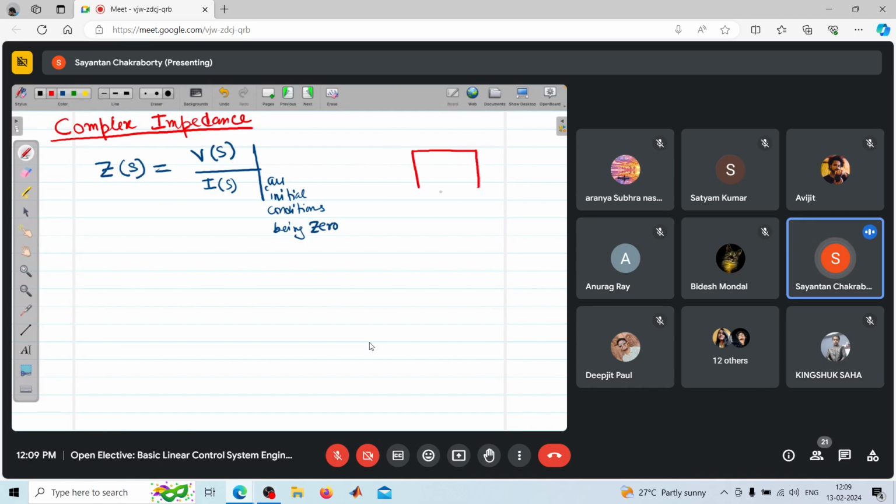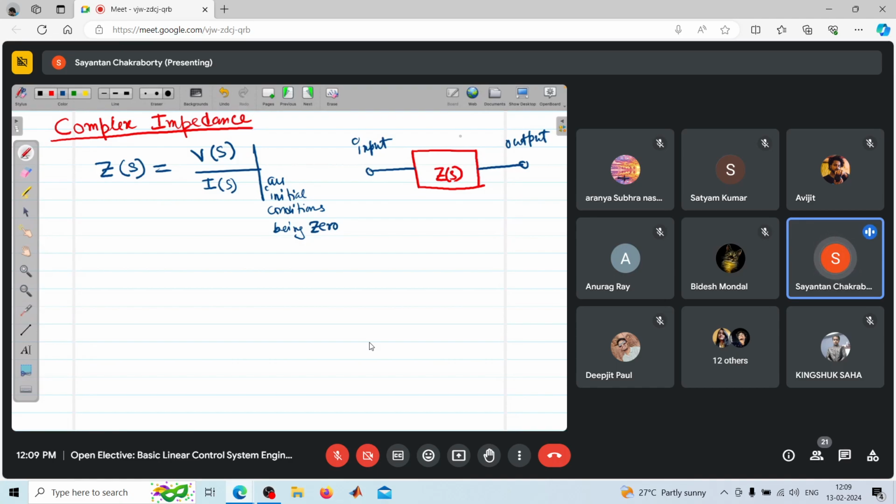Given any element Zs, a single port network, there are two terminals. This is your input, this is your output. We normally have two types of variables associated, and Zs represents, you can say, the transfer function.